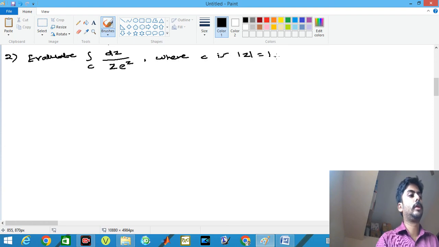Now the idea is that the denominator should be in the form of z minus a. So we have to make all our functions to be in the numerator.